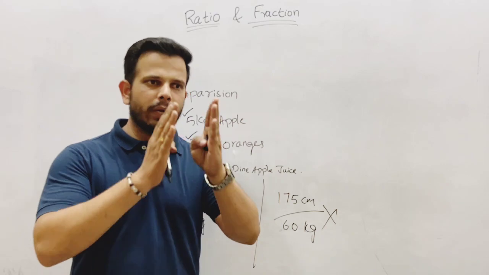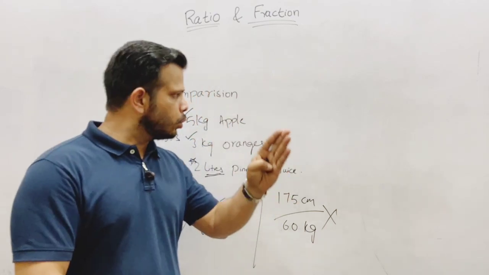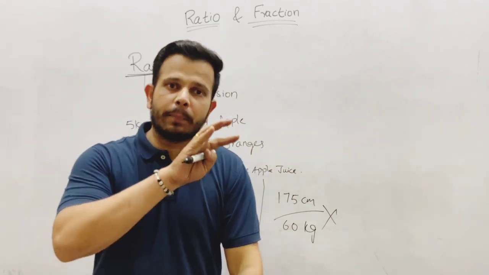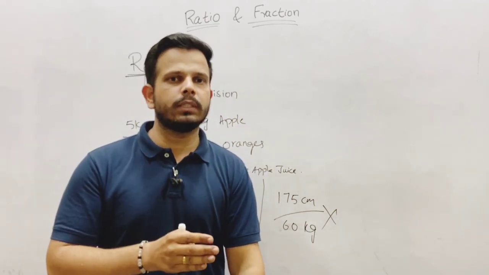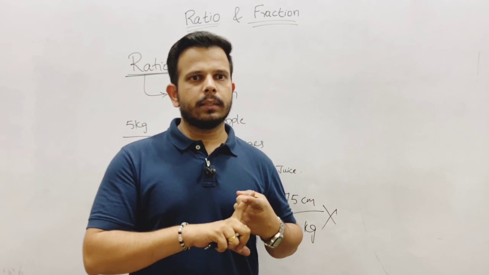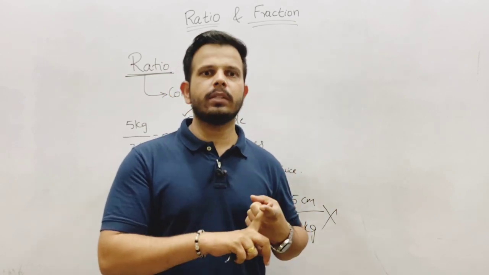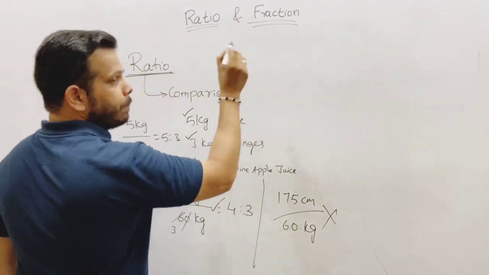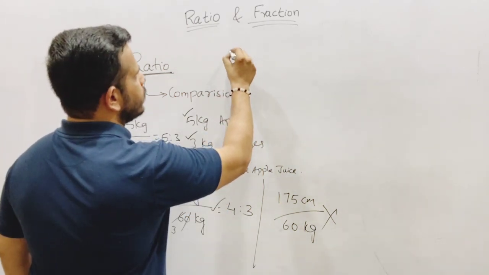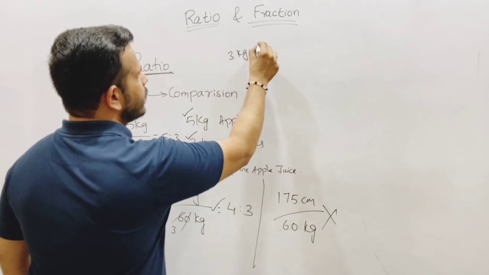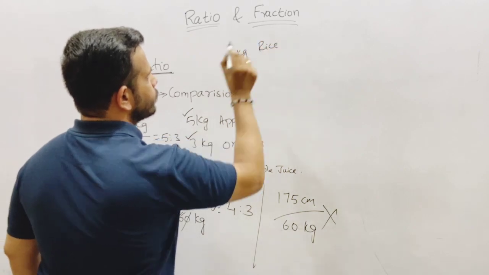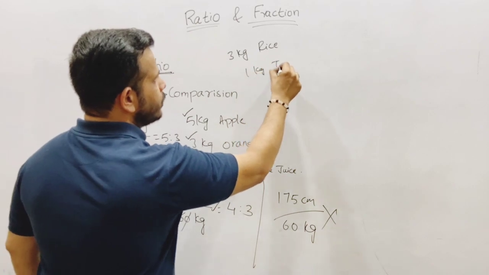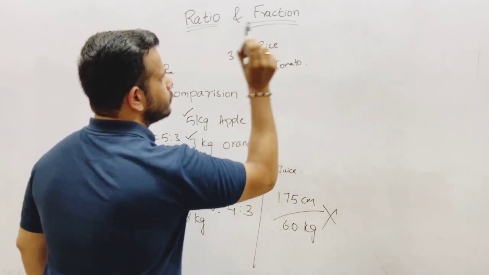So when you want to write a ratio, you compare the quantities just to know the proportion, and the application of this is in hotels and manufacturing units. In hotels, a chef making biryani for 3 kg of rice requires, in comparison, 1 kg of tomato to make tomato bath.